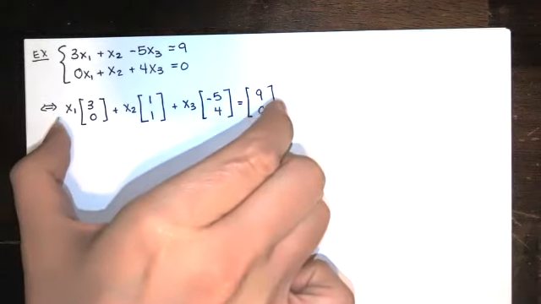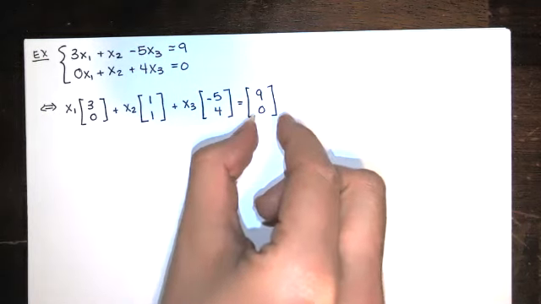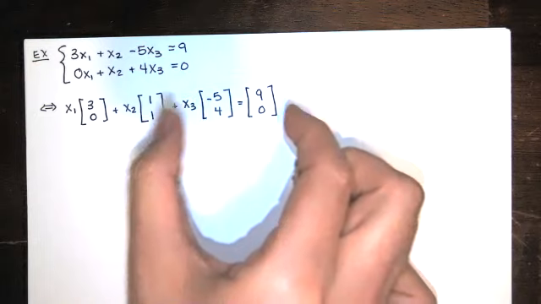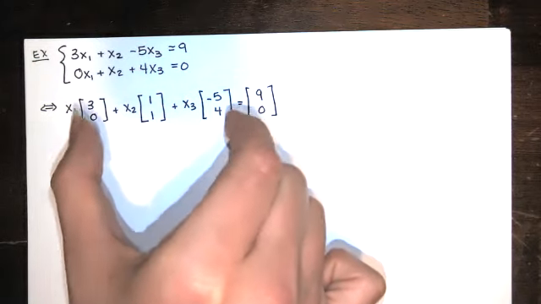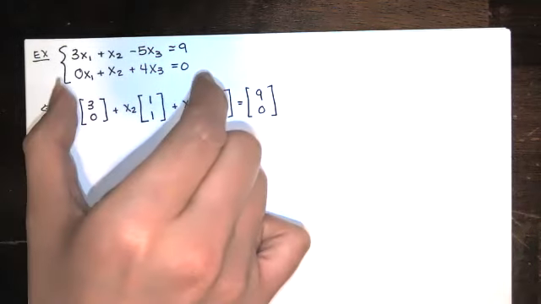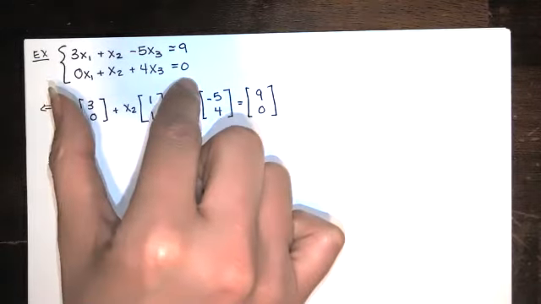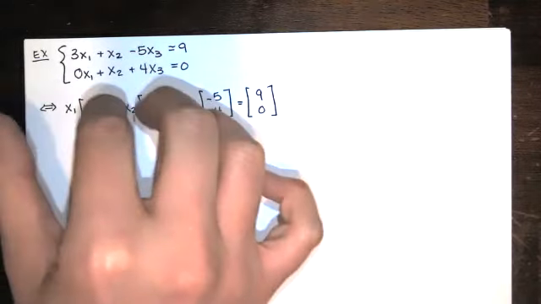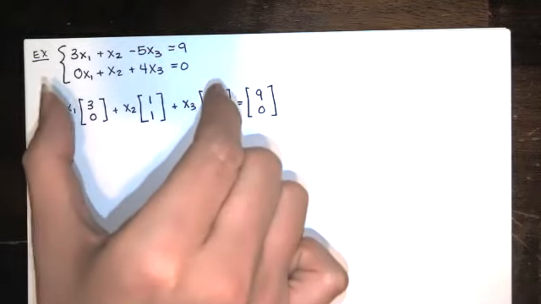But the solutions to this problem, which is asking us if the vector with components 9 and 0 can be written as a linear combination of these guys, well, that's going to be the same solution set as the solution set of these two. Now, this is a plane and this is a plane. So you might be saying to yourself, okay, well, where are the x1, x2, and x3, where those planes intersect?